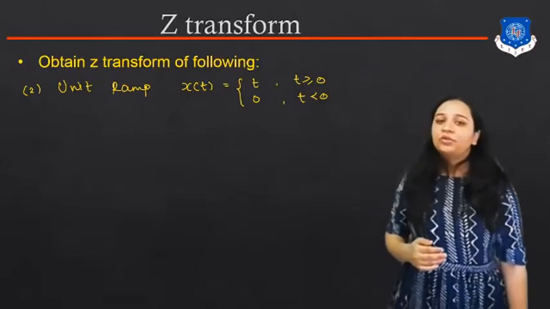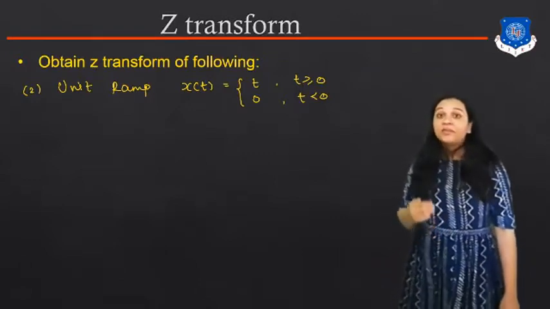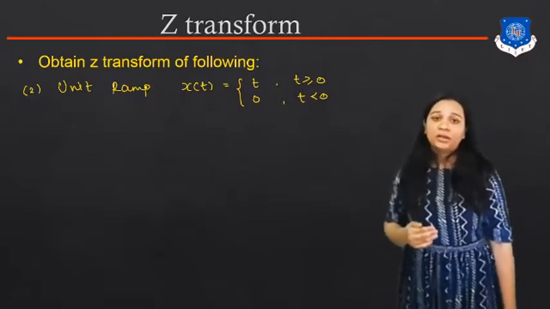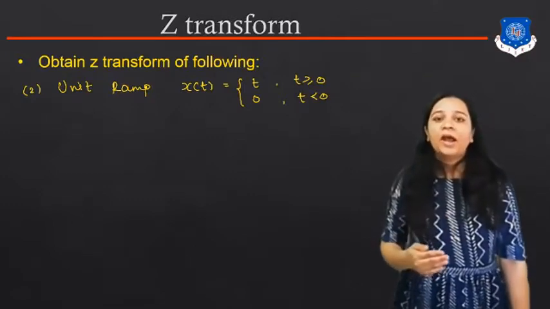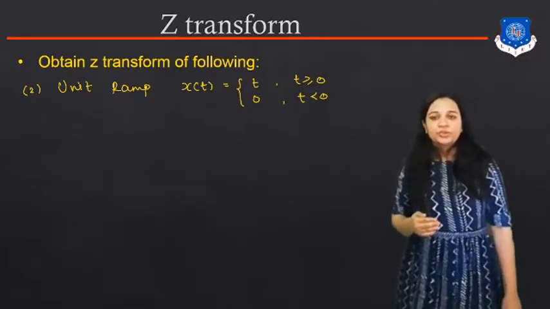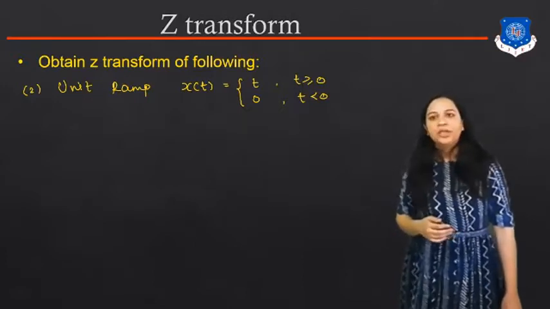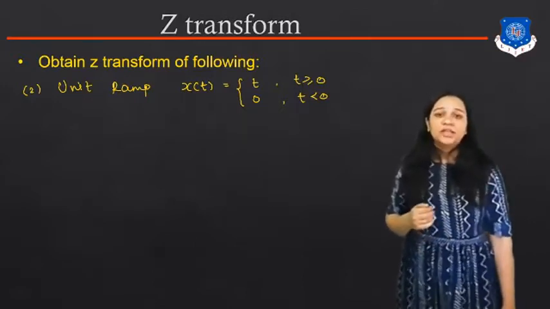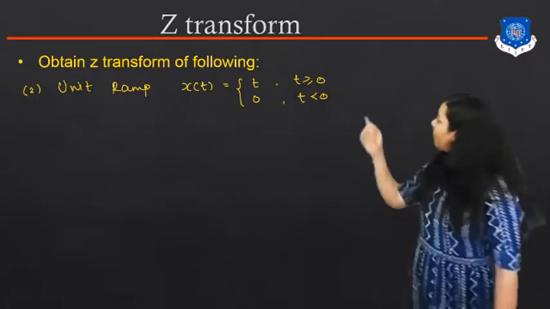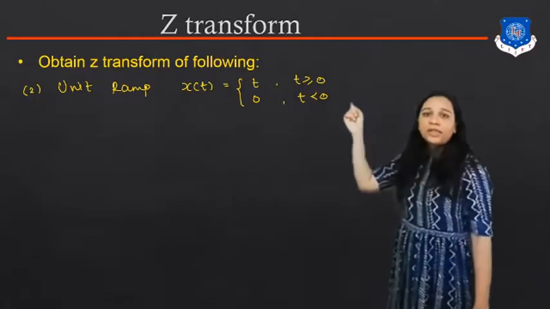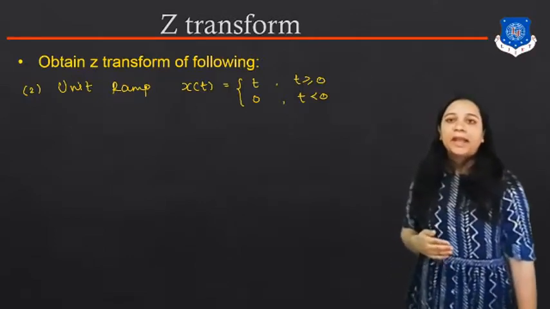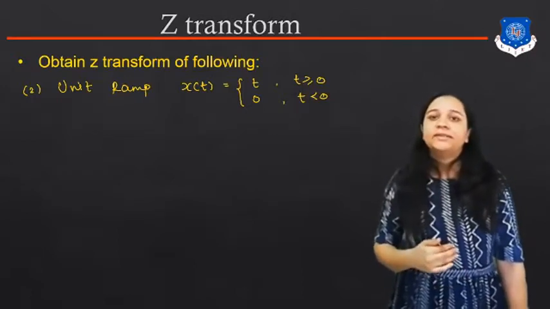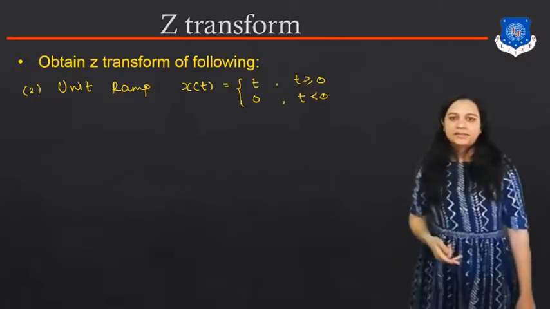Now what is the unit ramp function? Whenever we change the input signal with respect to time, the output changes. This is the output of the unit ramp function. The unit ramp equation is x of t equals t for t greater than or equal to 0, and 0 when t is less than 0.